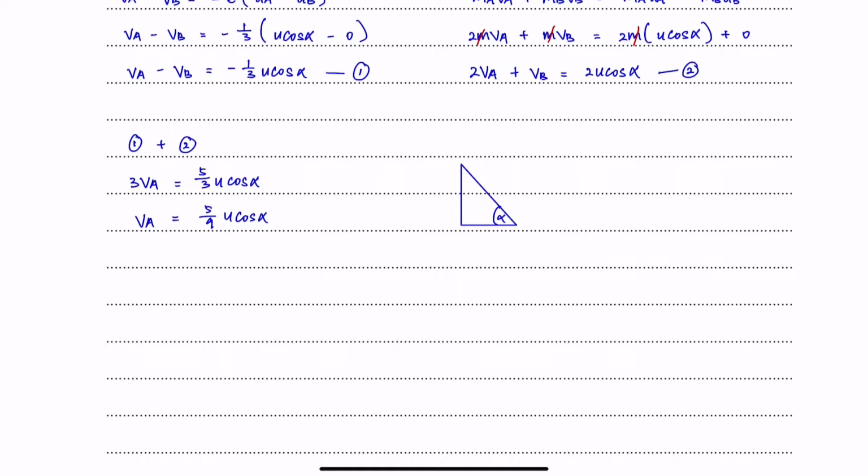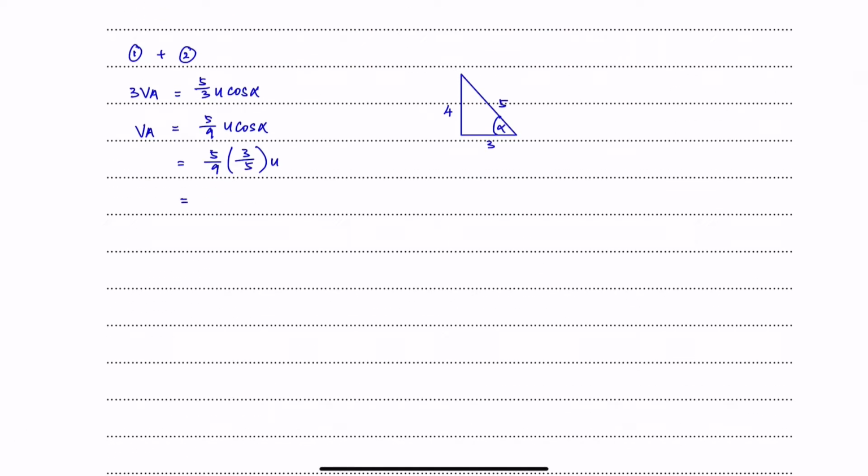Tangent is opposite over adjacent, so we have 4 over 3 as our ratio. Now our hypotenuse would be 5, so cos alpha would be 3 over 5. So VA is 5 over 9 times 3 over 5 u, which gives 1 over 3 u as our VA.